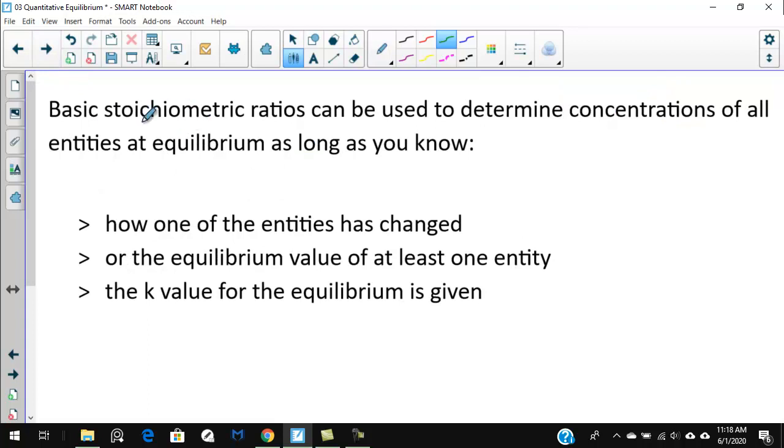Now you're going to use some basic stoichiometry. You'll have to go back and remember how to use a balanced chemical equation, how to move things from one point in an equation to another point in an equation, and we'll take a look at how we do that right now. As I said in the intro, we're going to do some questions today where, if one of the entities changes and we know how it changes, we can calculate all the other ones.